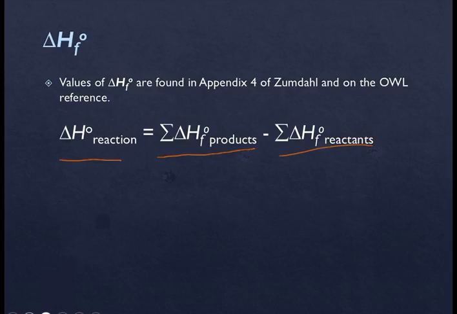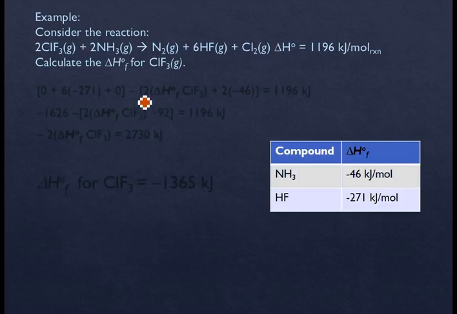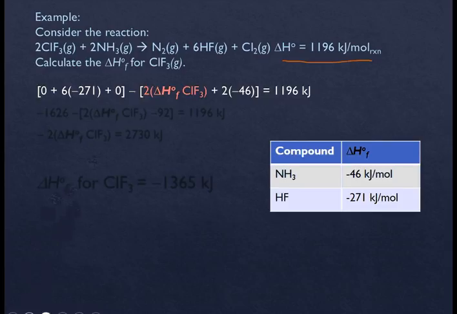So here's an example. Chlorine trifluoride, ammonia making nitrogen, hydrofluoric acid and chlorine, and then there's our energy value, positive 1196. Calculate the heat of formation for chlorine trifluoride. So this calculation is actually pretty straightforward.